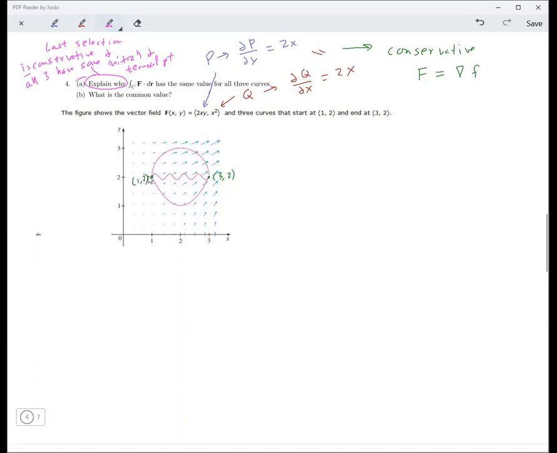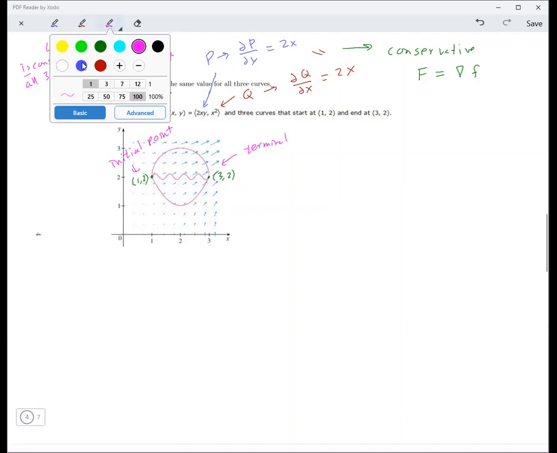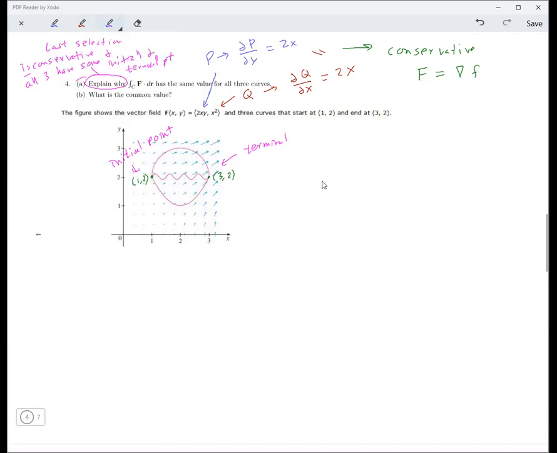Okay, so here's the initial point. The initial point is 1, 2. And the terminal point is 3, 2. Okay, so let's go ahead and find the function f.